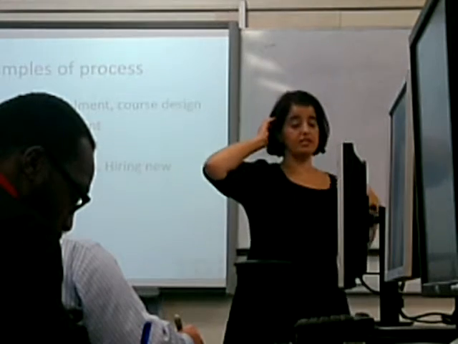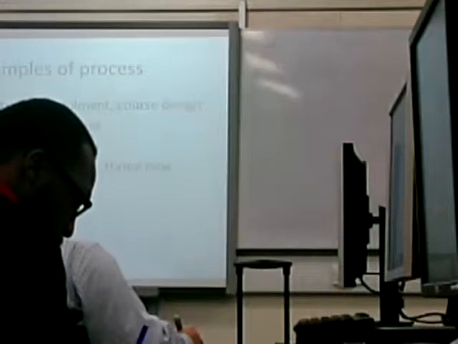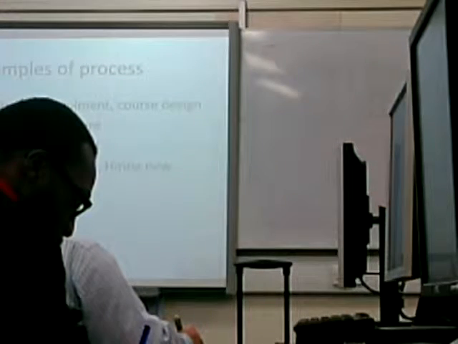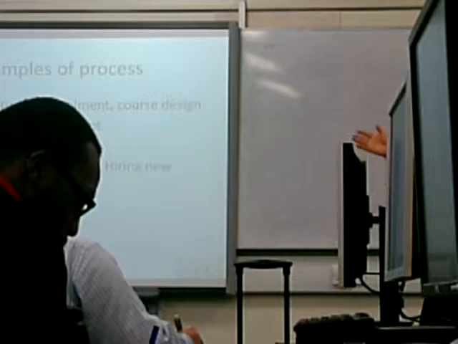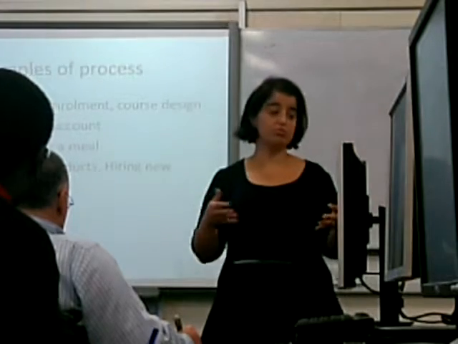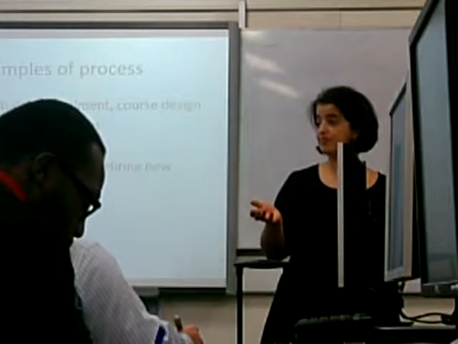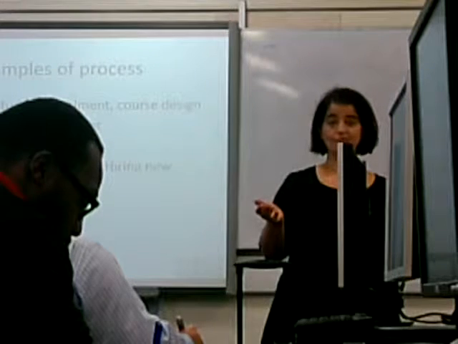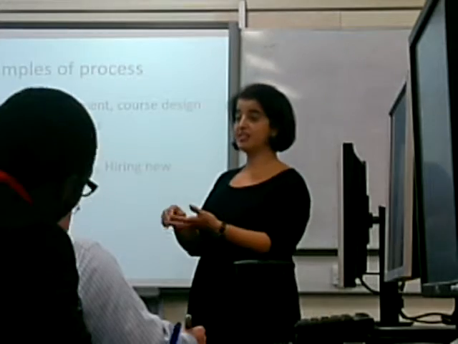Another process that most of you are very familiar with is how to open a new account in a bank. So what type of activity do you think opening a new account will have? Verification of ID. Yeah, verification of ID.